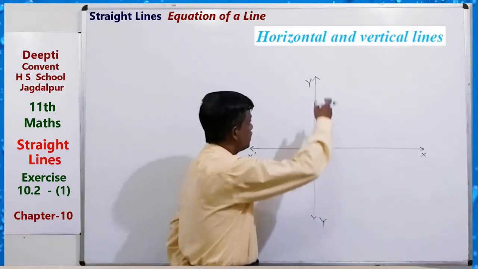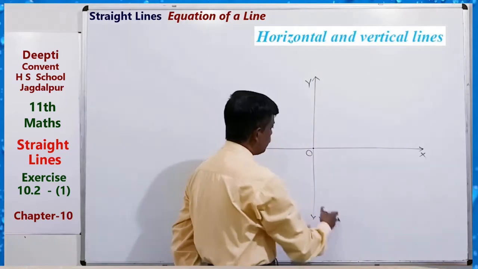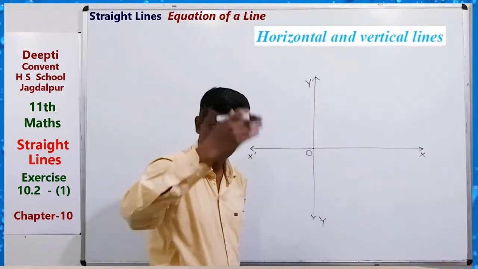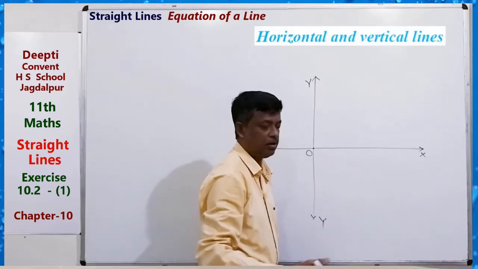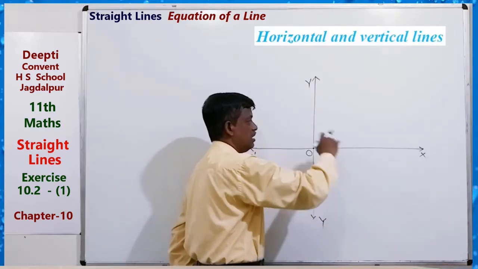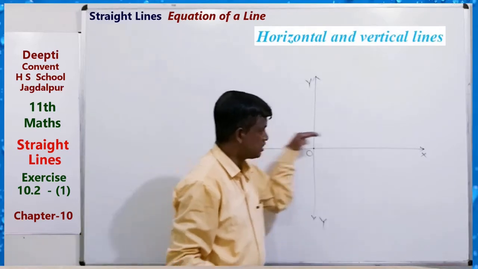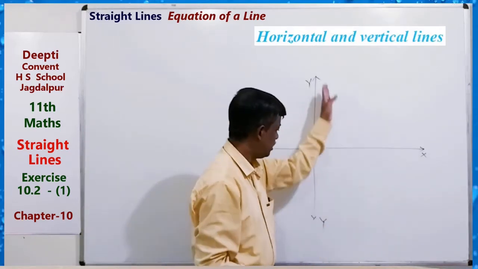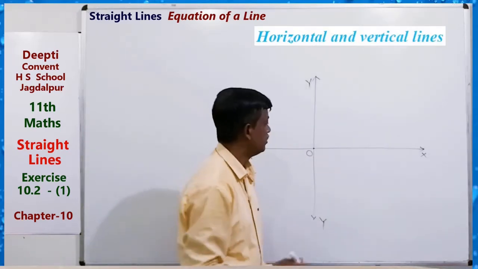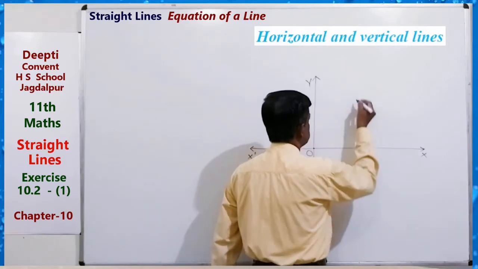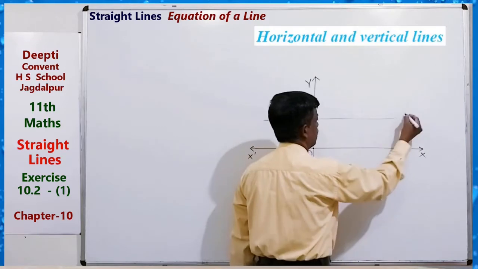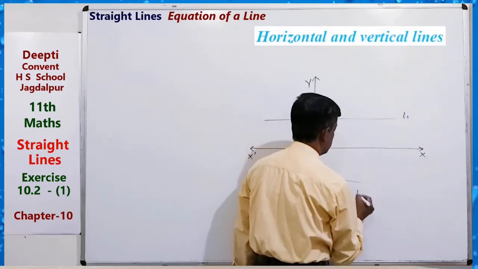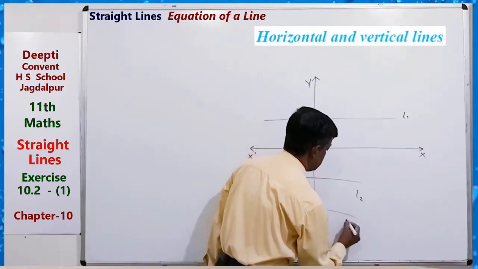If a line is parallel to the y-axis, it is a vertical line. Any line parallel to the x-axis is a horizontal line. Suppose we have lines L1, L2, L3.